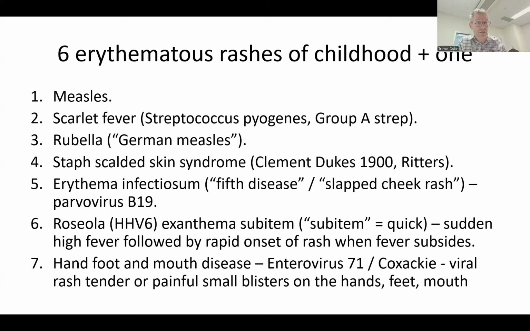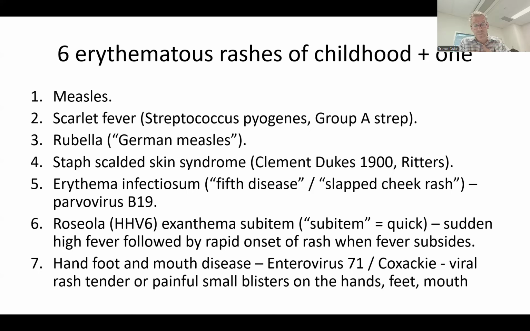That describes roseola very well, because there's usually a sudden onset of a very high fever, sometimes above 40, followed by the rapid onset of a rash when the fever goes down. So when the fever subsides, you think the child's getting better, and then the rash comes out.